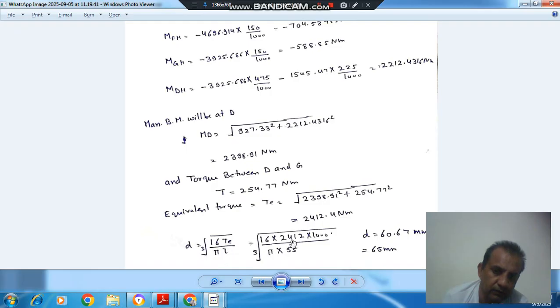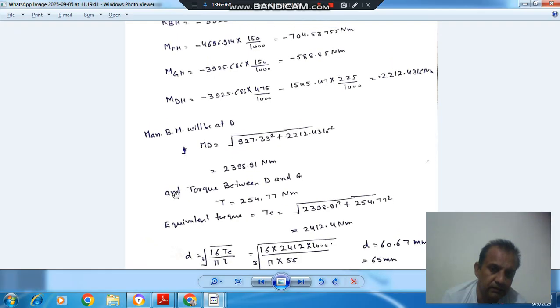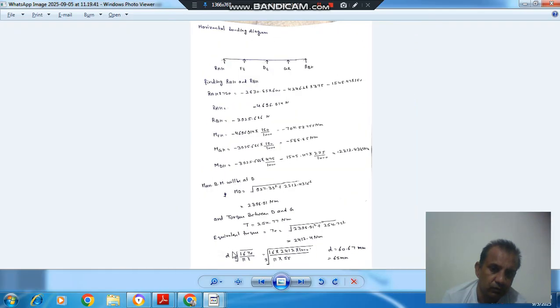T is 2412 into 1000 Newton mm, tau is 55. So it will be 60.67 mm, or because shaft sizes are available in steps of 5 mm, we will take 65 mm as the diameter of the shaft.